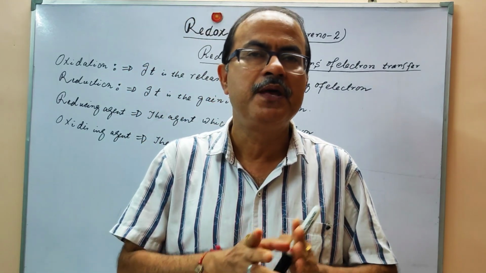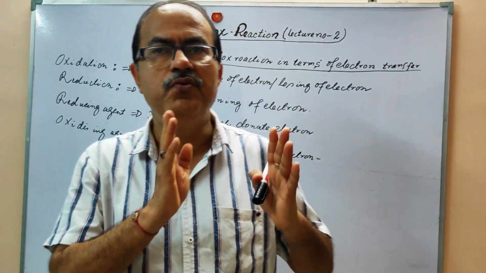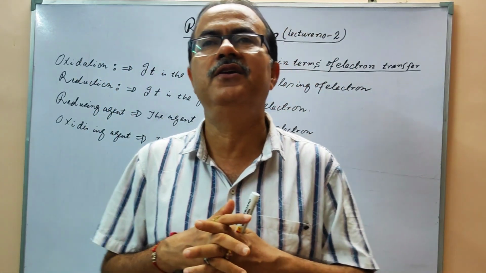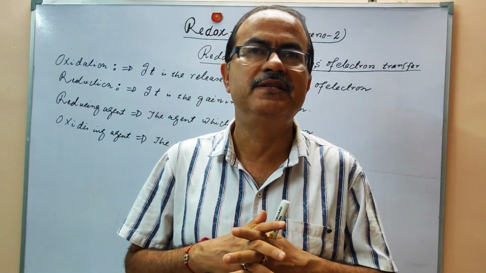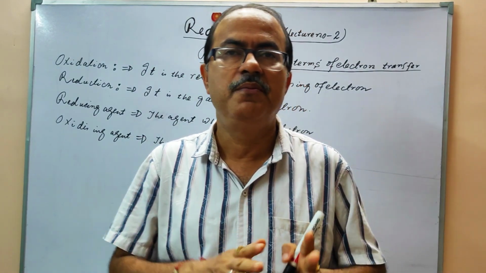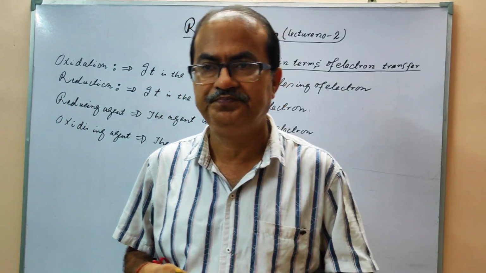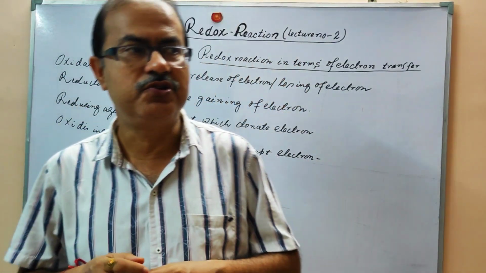At the same time, the other species taking part in the reaction, because it is accepting that electron, we will call reduced, but it will help to oxidize the other species. So we understand a very important concept here.